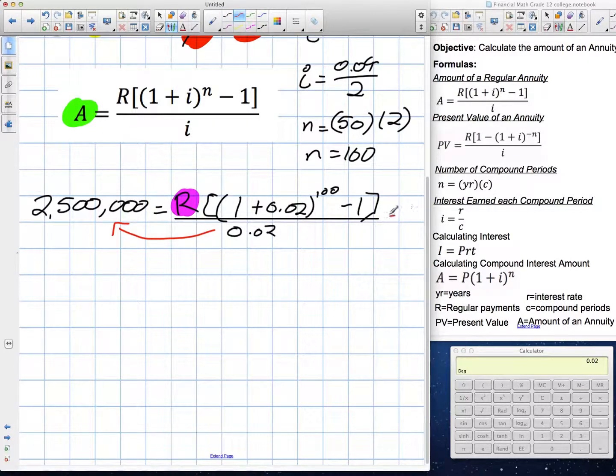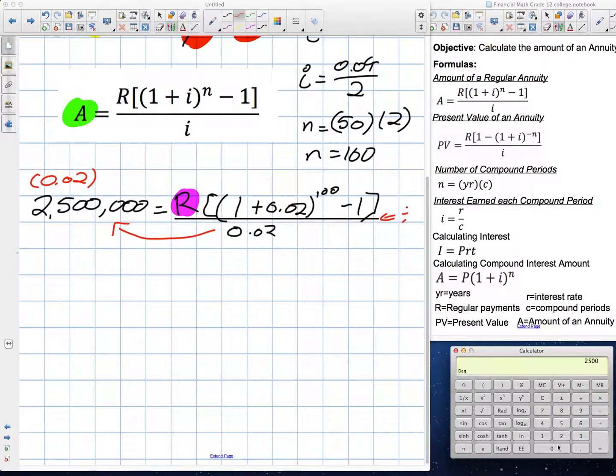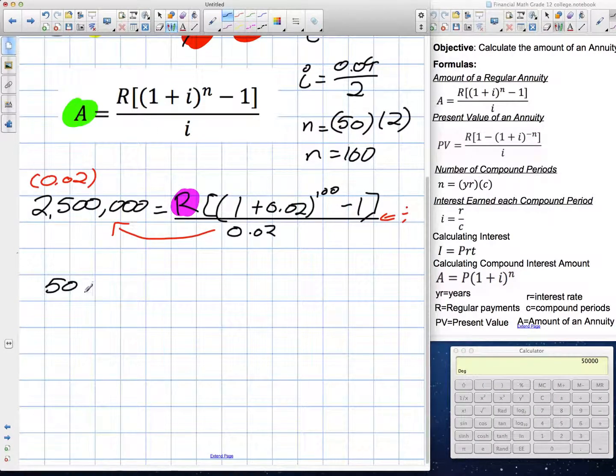Multiplied by. Because this is a division sign, we're going to be multiplying this side by 0.02. Okay? So 2.5 million times 0.02 gives us 50,000. So 50,000 is equal to the regular payments.